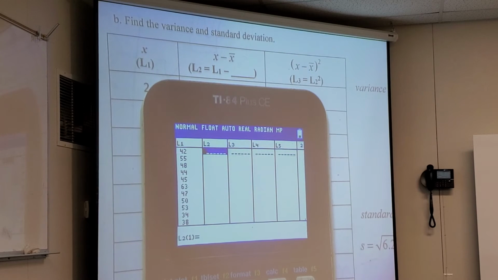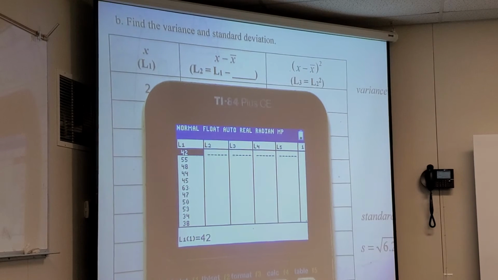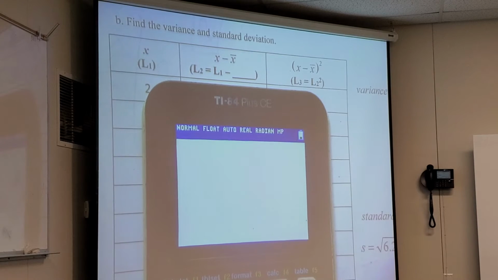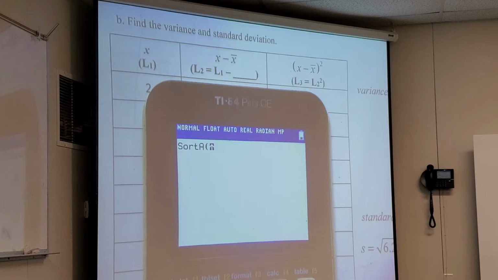First off, let's do this together. How do I sort this? Where do I go to sort this? Press Stat, edit, 2, Sort. And we almost always sort ascending. Then I have to tell it which list. I only have one list, so that's easy.